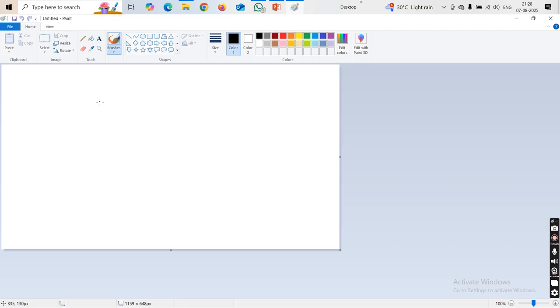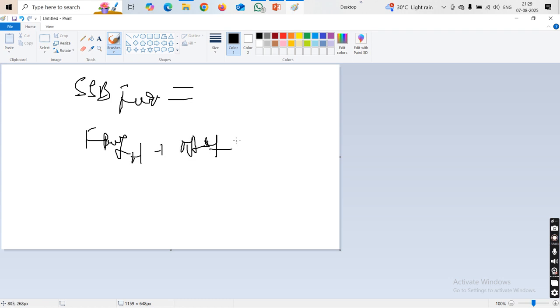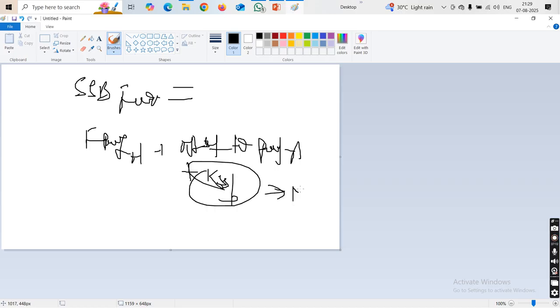So now, for the frequency domain, to calculate the SSB frequency, there is a formula defined: F point A plus offset to point A plus KSSB. Where will you get the KSSB value? Through the MIB. Once you decode the MIB, you get the KSSB value, right?